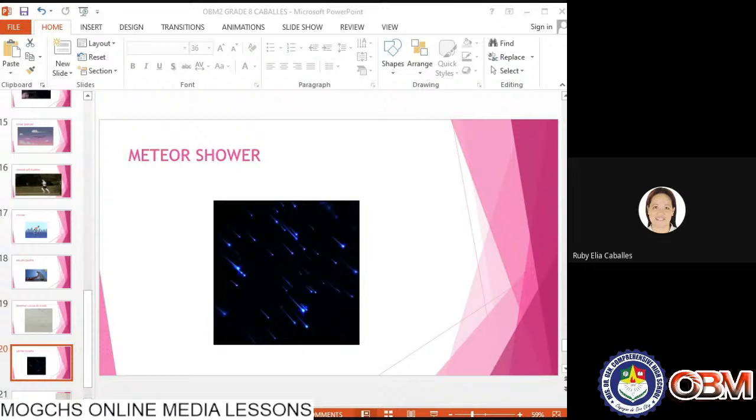At that time, the kinetic energy of the meteorite is quite high because of its enormous size and weight. And when it hits the surface of the Earth with such a large amount of kinetic energy, explosions occur. And this is the reason for the presence of impact craters on Earth's surface.